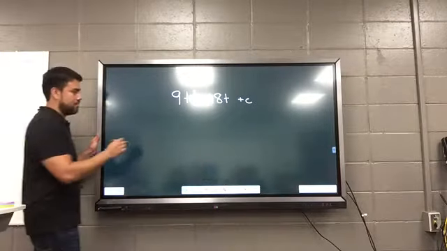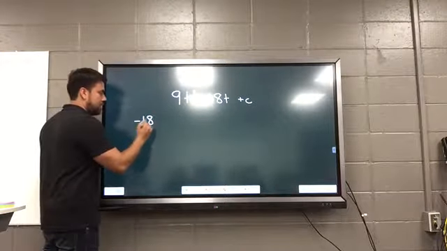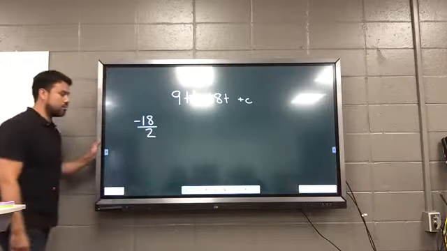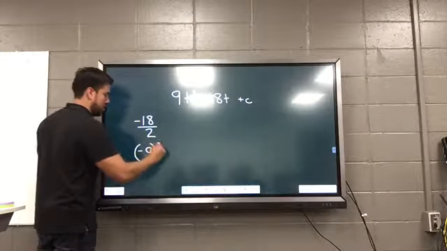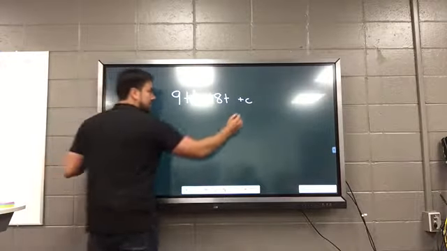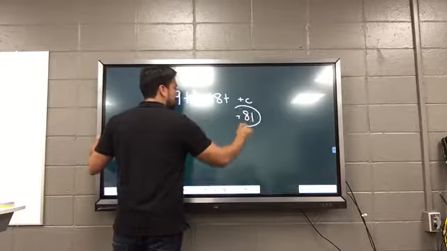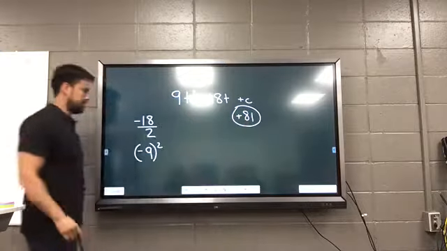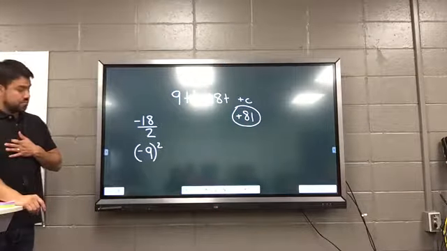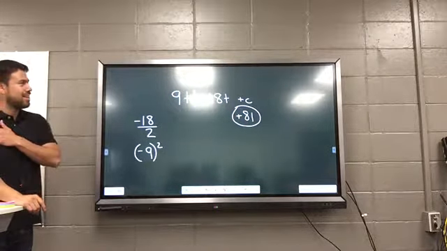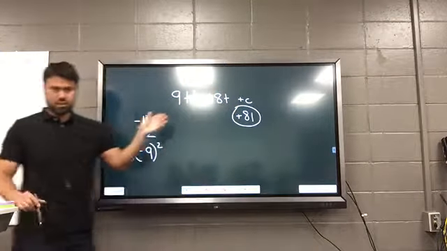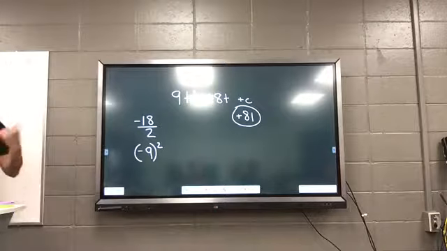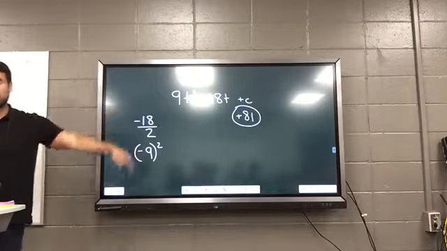You put negative 18 divided by 2, which equals negative 9. So 81. That's always positive. Wait, why 81 times 9? You can do your bridge method and factor that out.